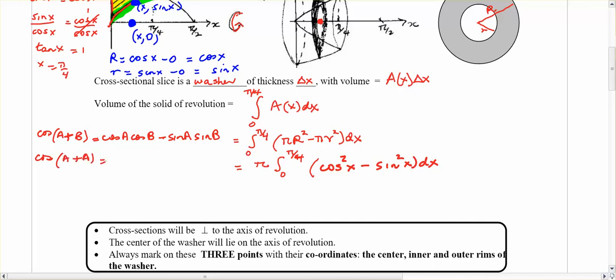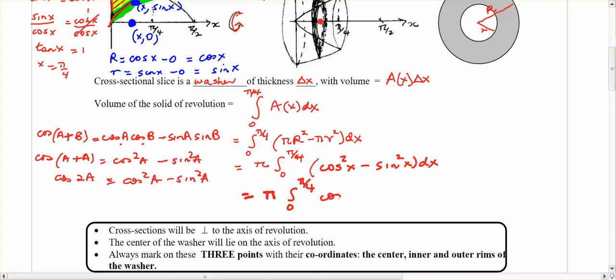In other words, I'm replacing B by A. I'm going to get cosine squared A, minus sine squared A. So I have the identity that cosine 2A is cosine squared A minus sine squared A. So my cosine squared x minus sine squared x is the integral from 0 to pi over 4 of cosine 2x dx. Let's do a little bit more work on this.